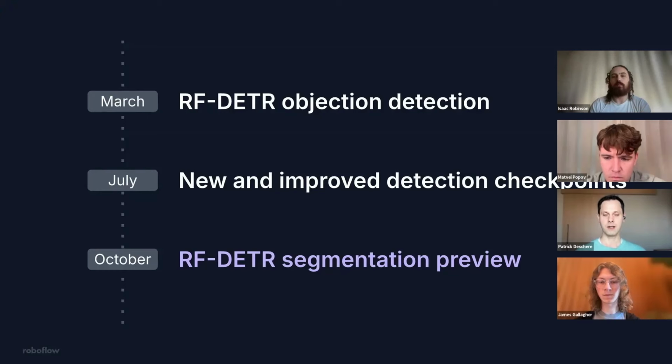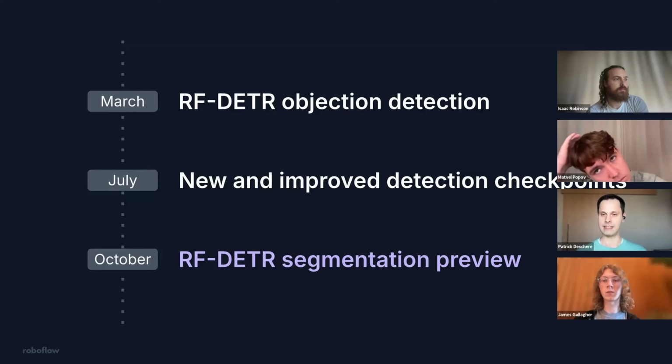Now, there's been some improvements over time since the initial release of RF-DETR. I think the original object detection models came out in March. Since then, you guys have been busy with other releases. Another notable release was a couple months ago where there were some new checkpoints, new sizes, and then some improvements to performance.